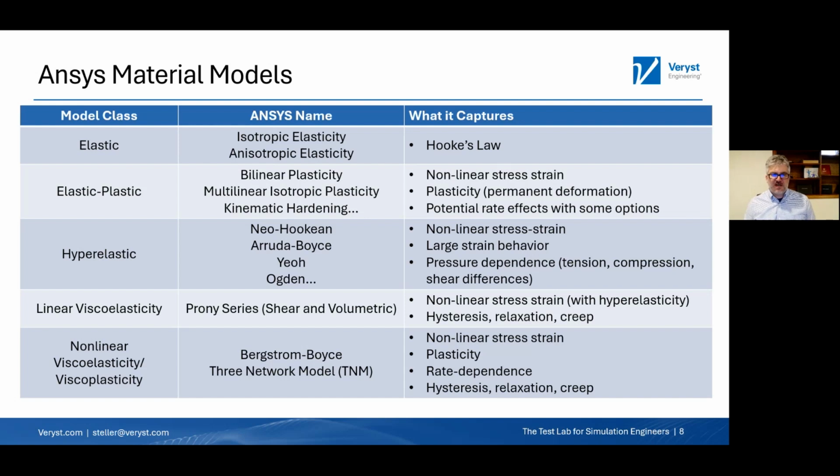And then that last one, those nonlinear viscoelastic, viscoplastic models. All right, this is the full boat. We're getting nonlinear stress versus strain, plasticity, rate dependence, hysteresis, relaxation, creep, all those sorts of things. So we're capturing them all, and really this is the state of the art.